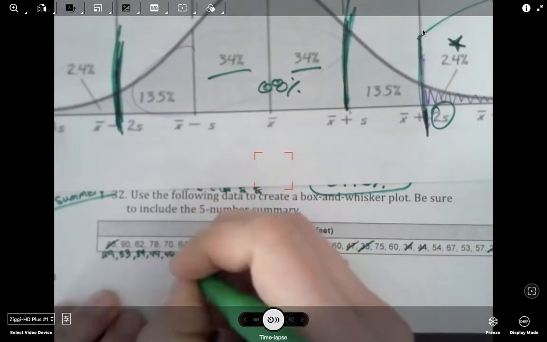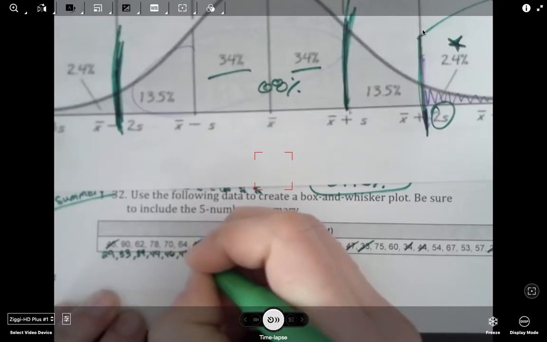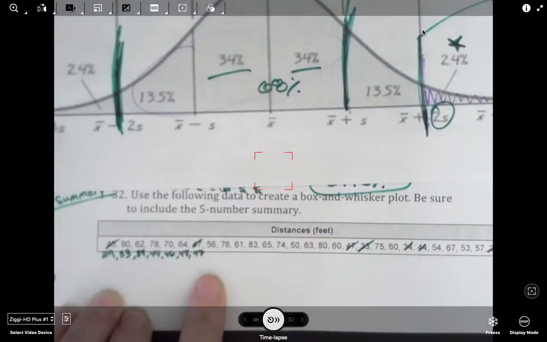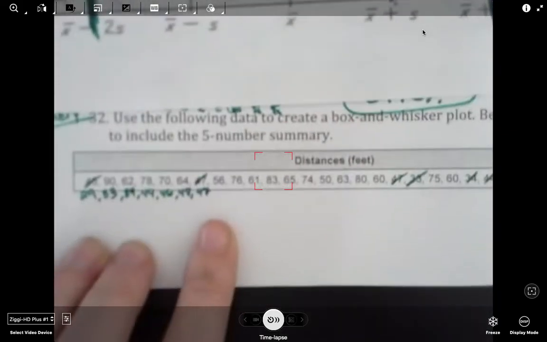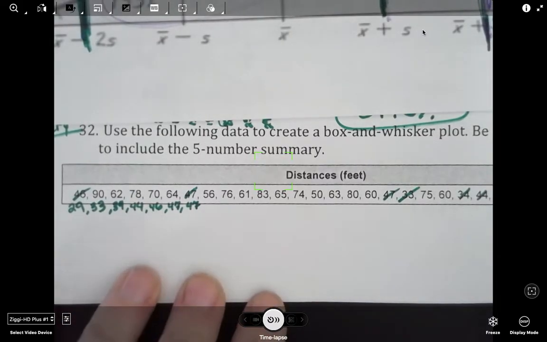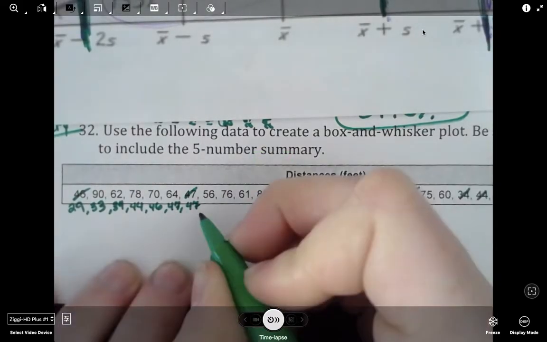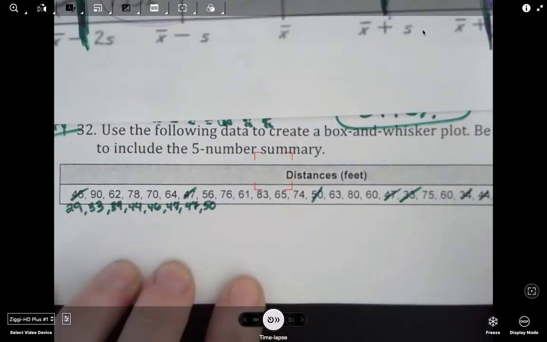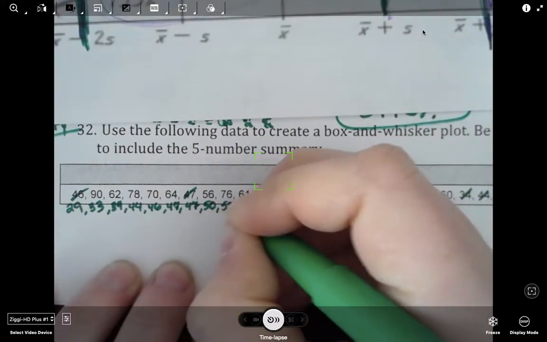47, 47. Am I going too fast? Yeah. No. 50. 53. Hold on, let me get unfuzzy. 47, 47, 50, 50, okay? 53. 54. No, those are two 53s.